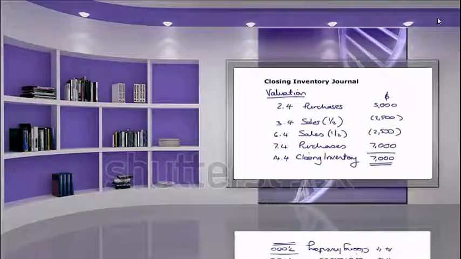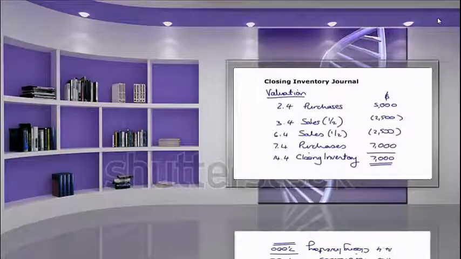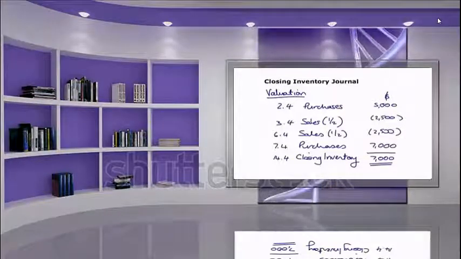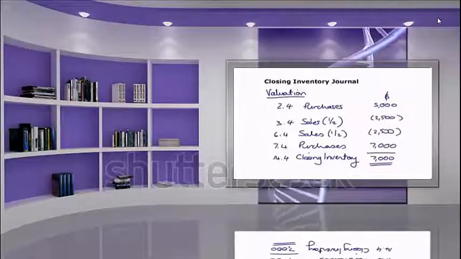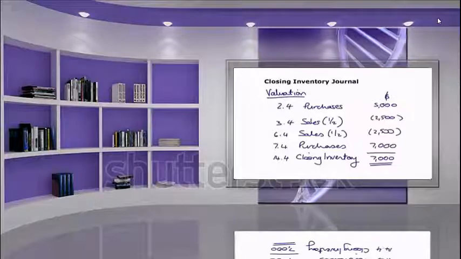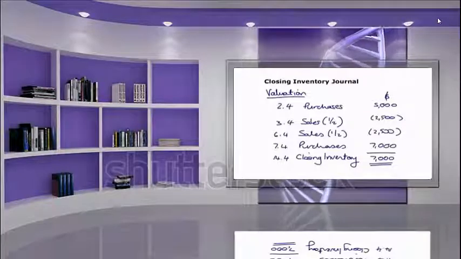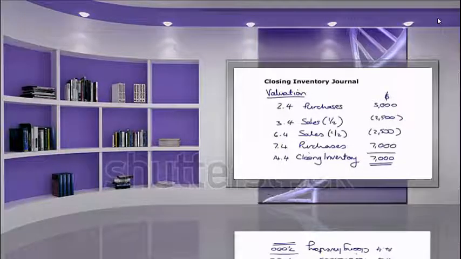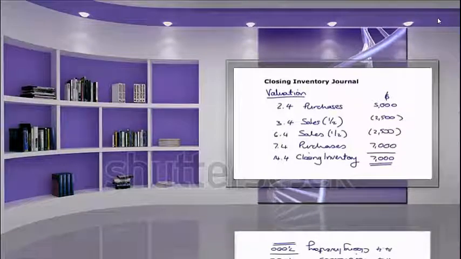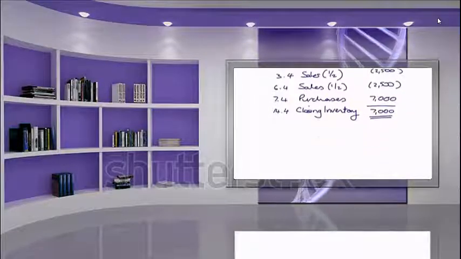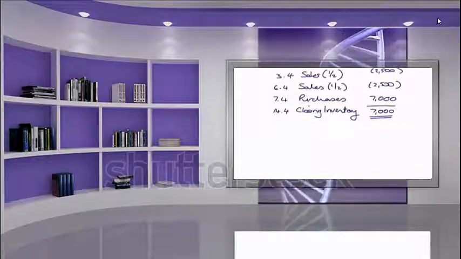Now, the final thing that we need to do then is say, well, where does inventory fit in the financial statements? Well, as I've already mentioned, inventory is an asset. It's a current asset. That asset is available for sale in the next accounting period. But there has to be a double entry. Remember, this is a journal where the double entry gets posted.